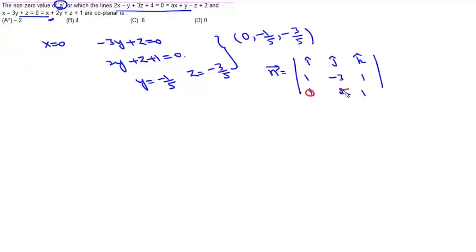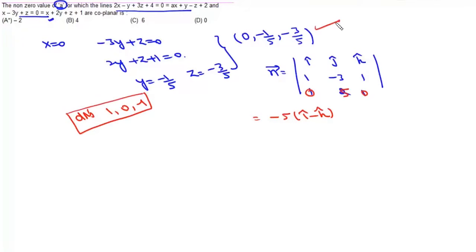So it will be 0, 5 and 0. Now if we expand it, we'll get minus 5 times (i minus k). So the direction ratios of this line are 1, 0 and minus 1. So now we have this point and we also have this direction ratio.